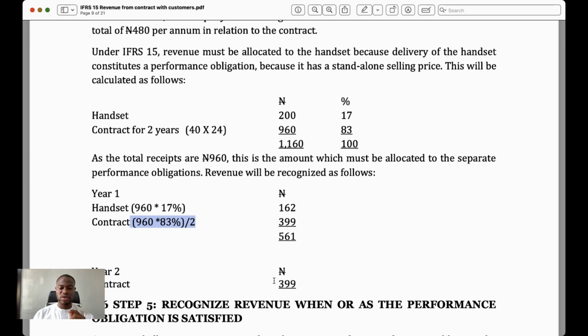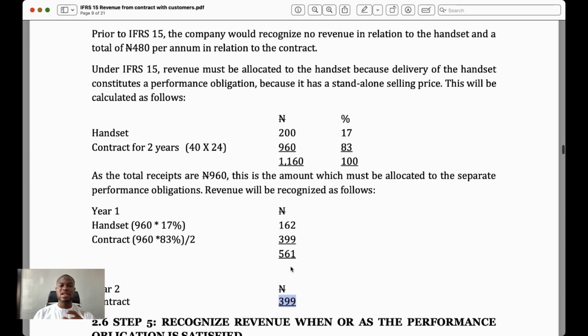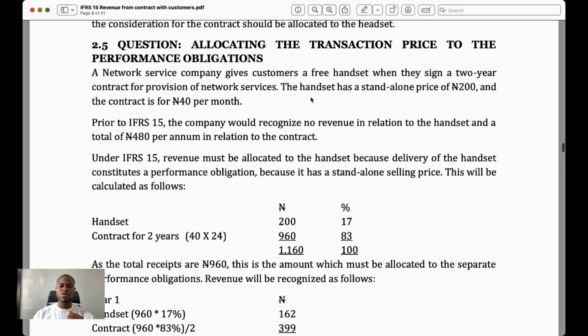And that's how we're going to recognize the revenue. You will see the way we have allocated the transaction price, which is the price agreed in this contract, which is 40 naira per month for 2 years. We have allocated it between the handset and that contract, even though they are giving the handset for free.